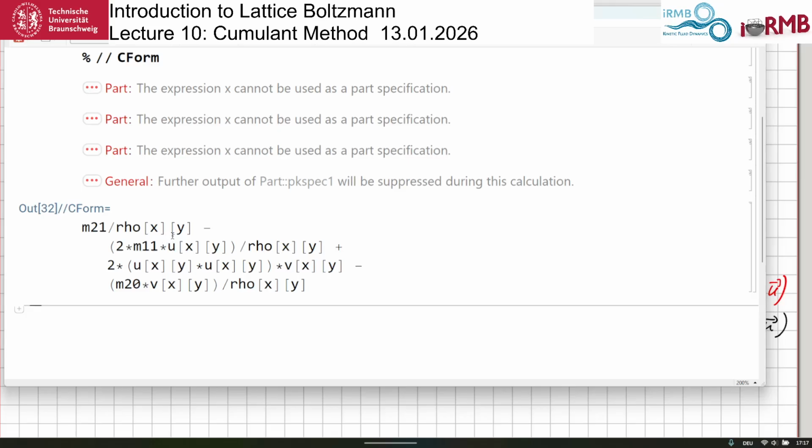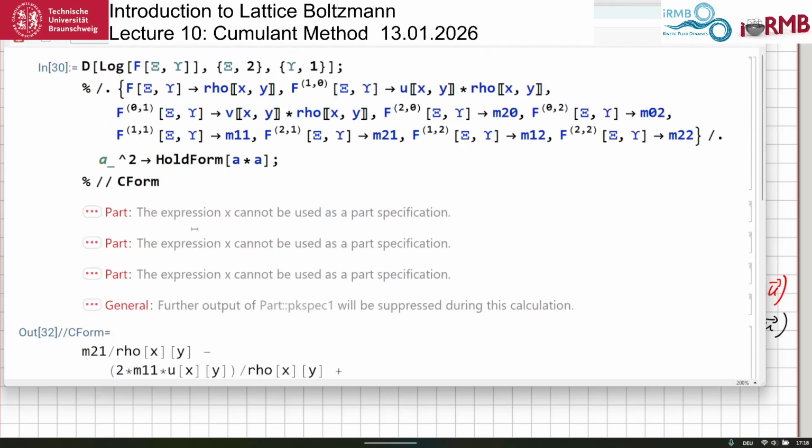That's because the cumulant is always an intensive quantity. Now this rho, we divide everything by rho, and rho is a conserved quantity, so it doesn't matter. So it is more convenient to not do this division and then later multiply it again. So let's not relax the cumulants, but the cumulants times rho. So let's just say we multiply what we're computing here by rho.